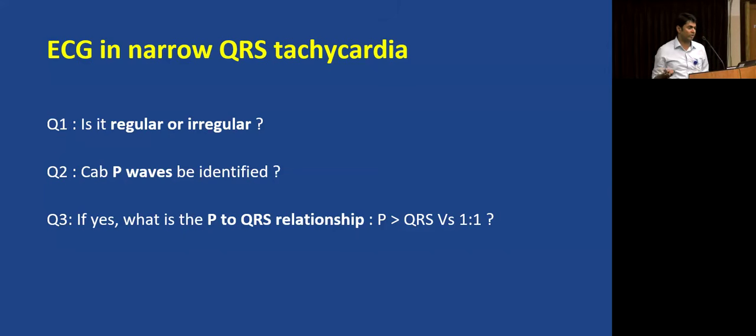Is it 1:1 or something else? P's more than QRSs, or QRSs more than P's, like in the wide complex tachycardia. Now, if P to QRS is 1:1, what is the P wave timing in relation to the QRS? I'll go through this with ECG examples one by one. So these are the four questions you ask. Most of the time you'll be able to narrow down the diagnosis of the tachycardia.